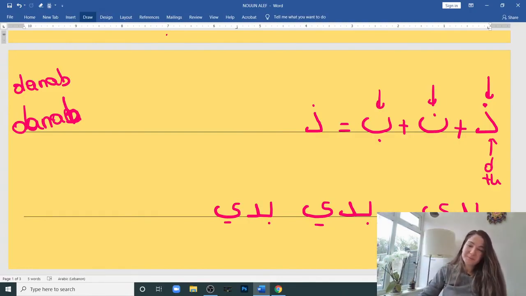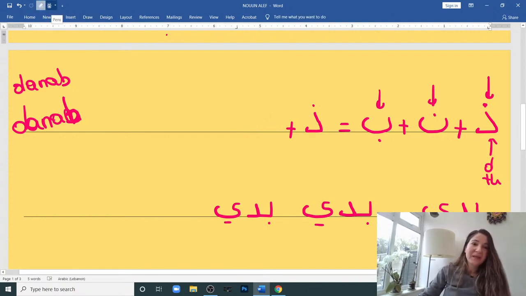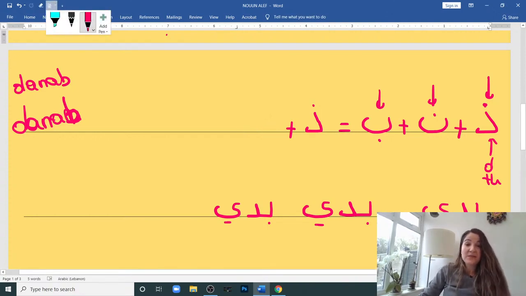So this is the form when it's at the beginning of the word. Plus, this is the noon when it's in the middle of the word, with a tail, it has a tail. And finally, oops, sorry, I wrote the final form of the noon, my bad. So this is the noon when it's in the middle of the word, okay?